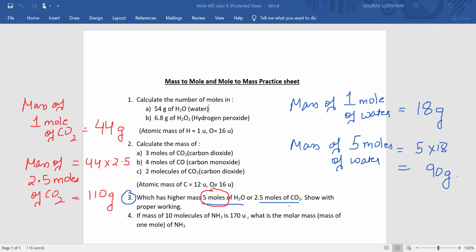You had a lot of water molecules compared to carbon dioxide. But we were not supposed to compare the number of molecules. We were supposed to compare their masses. And as per calculation, I can see that 2.5 moles of carbon dioxide has higher mass.